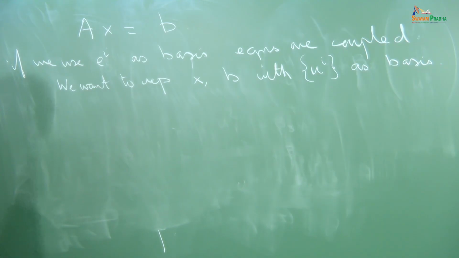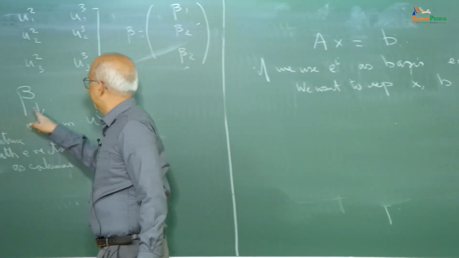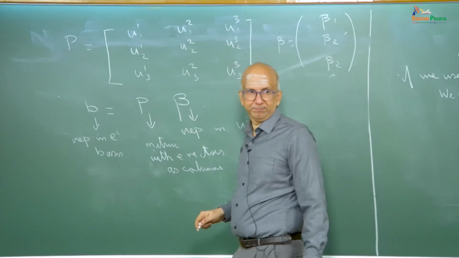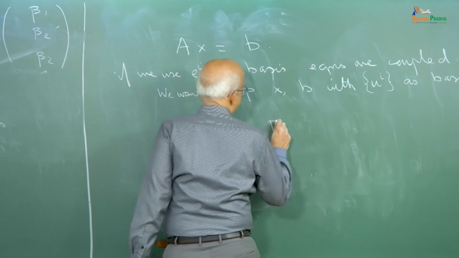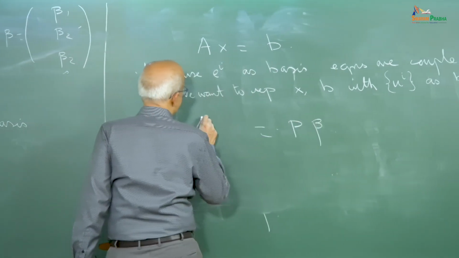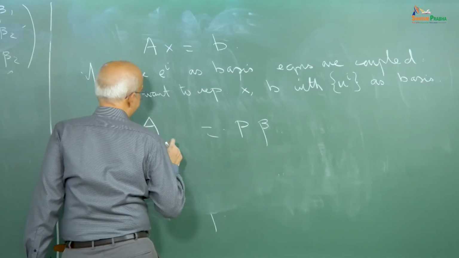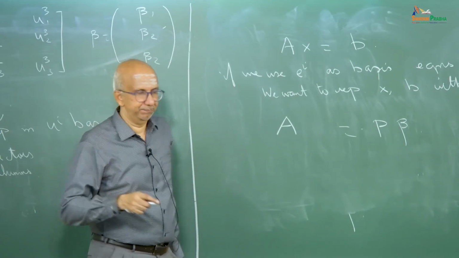So, if I want to write it with UI as a basis, B will be P times beta. Okay. So, I am going to write this as P times beta, and X I am going to write as P times X dash.